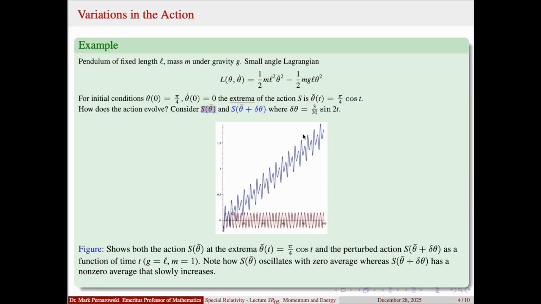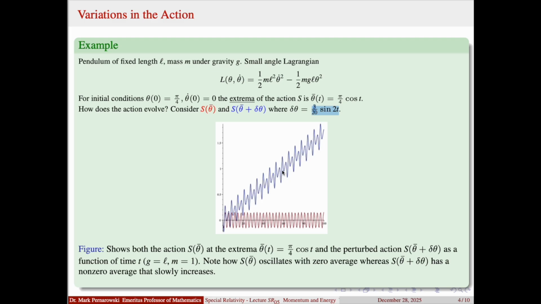These things you can plot as a function of time. So the red thing is what nature does. It picks out this theta bar, which is this oscillation of the pendulum. The angle is changing in time at a certain frequency. But if I added, say, a second Fourier component to that and examined what the action did, well, it does something radically different.